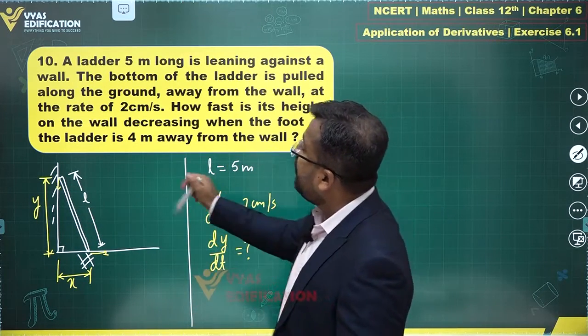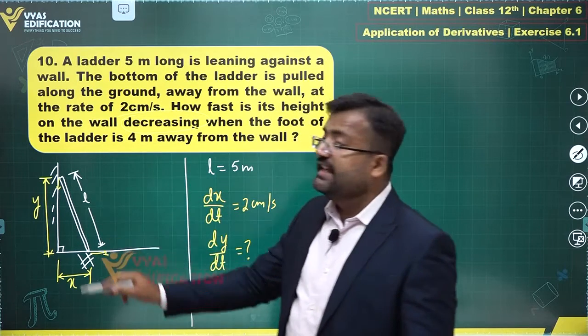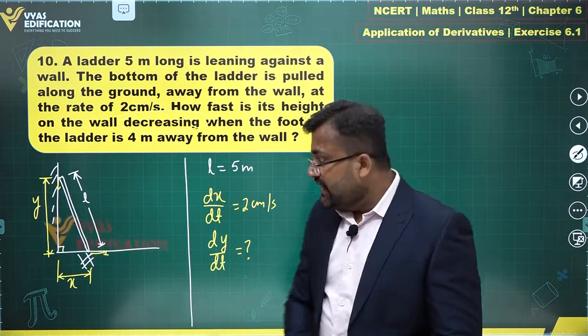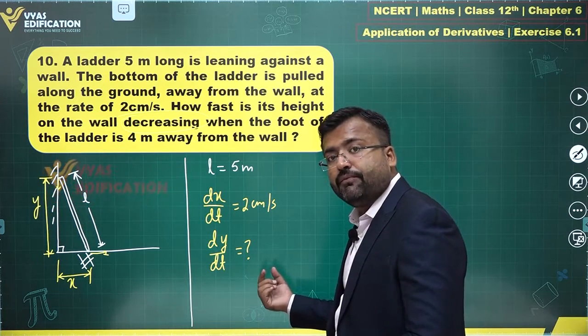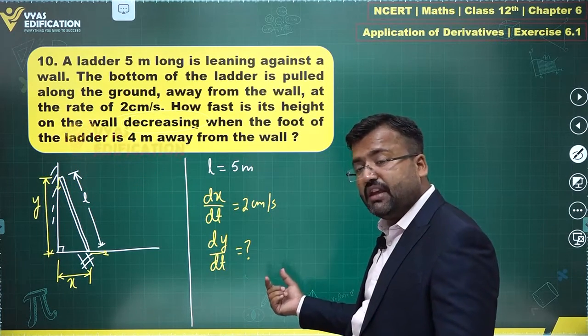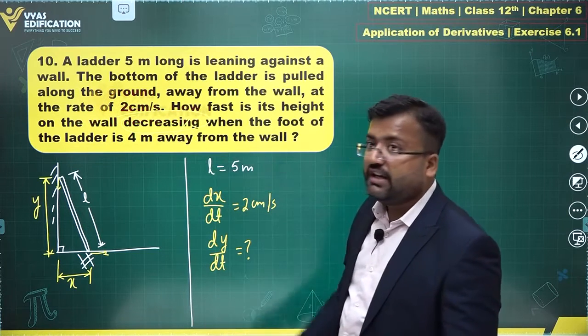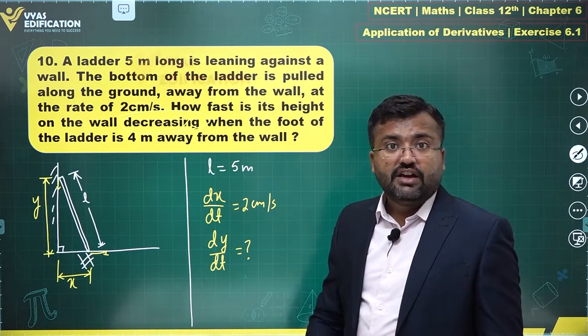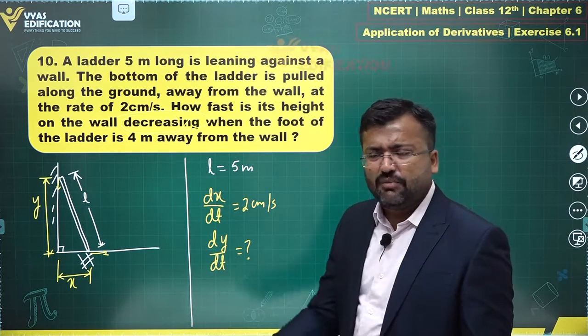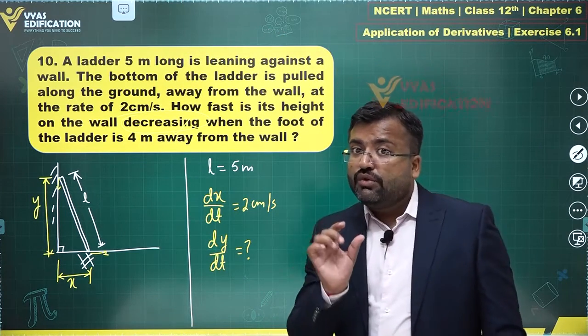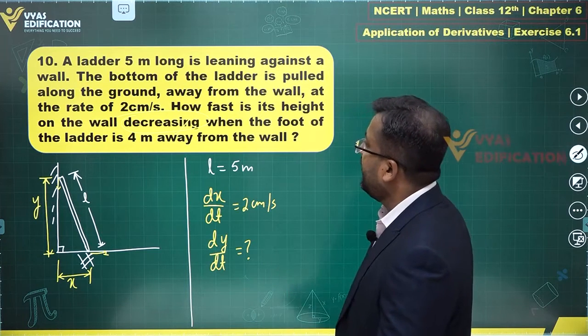And the person has also asked how fast is this decreasing. The value of dy by dt will be minus something. But the person is only interested in that something because he already knows that it will be decreasing. So we are not supposed to mention the final answer as minus 3 or minus 4, whatever. We are supposed to mention only 3 or 4, the magnitude of that.